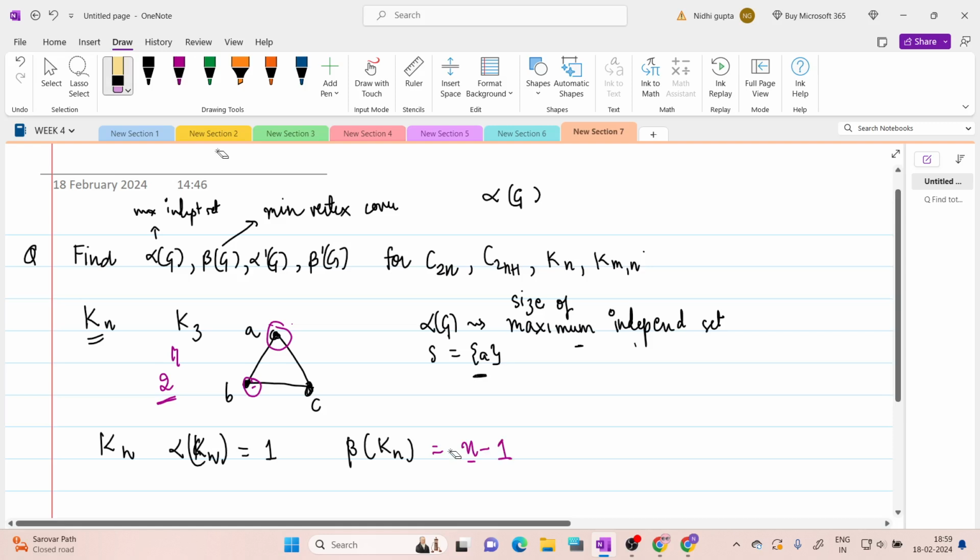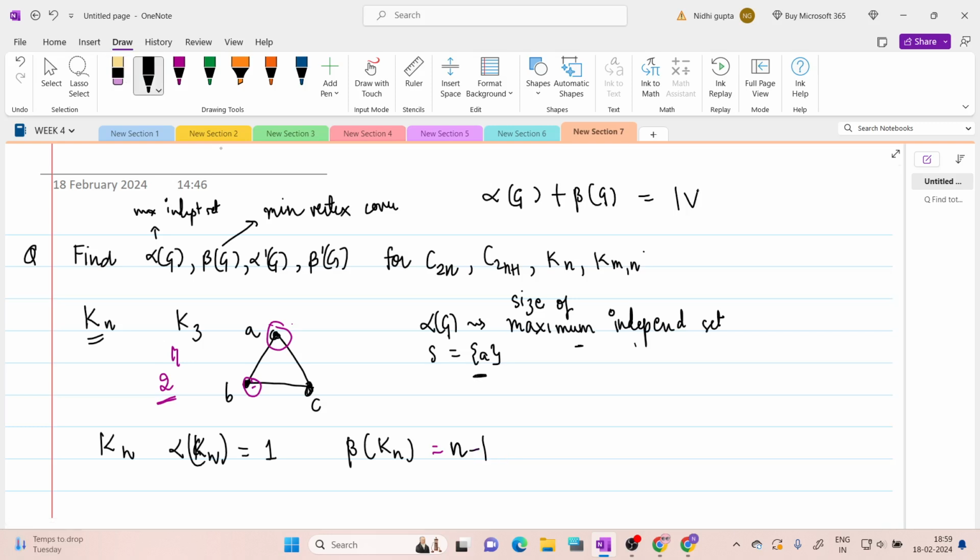So either you can use the theorem that alpha g plus beta g is equal to the order of vertices, or otherwise we look at the minimum vertex cover directly. If I am taking fewer than n minus 1 vertices, then at least two vertices are left in the complement, and there is an edge between those two vertices.